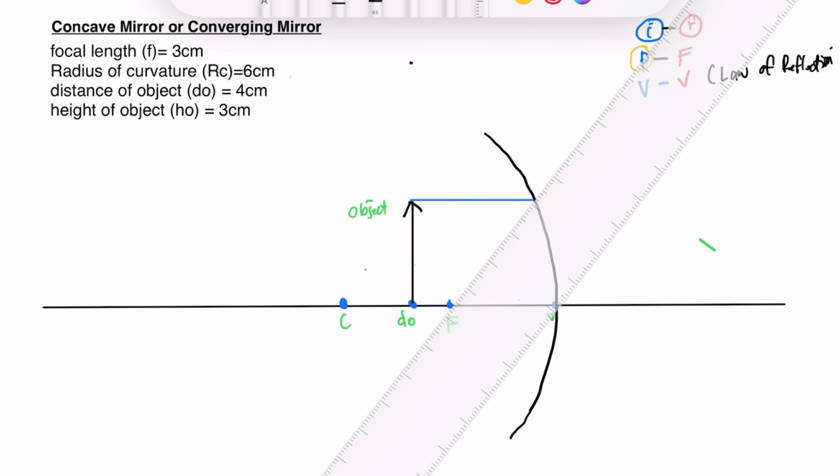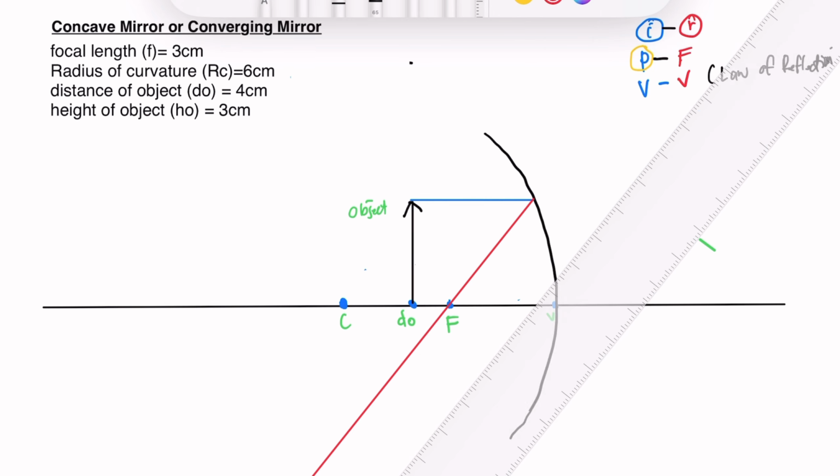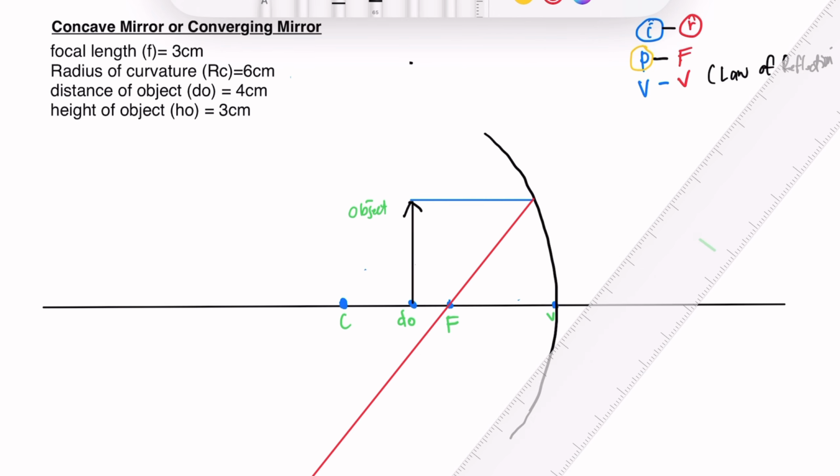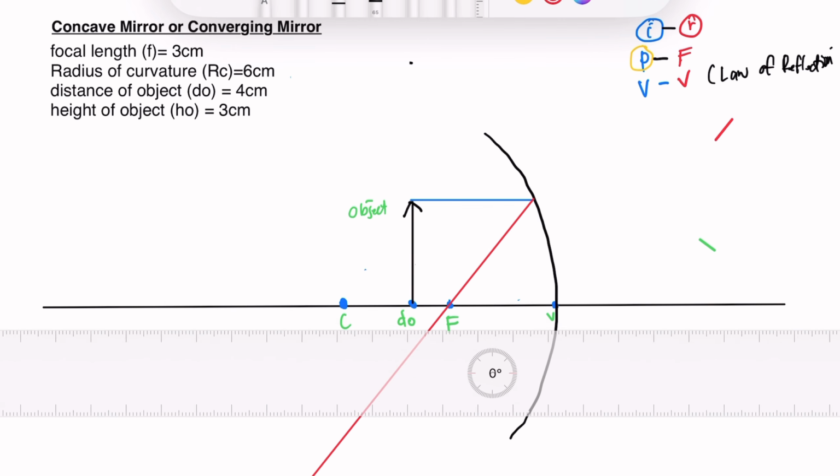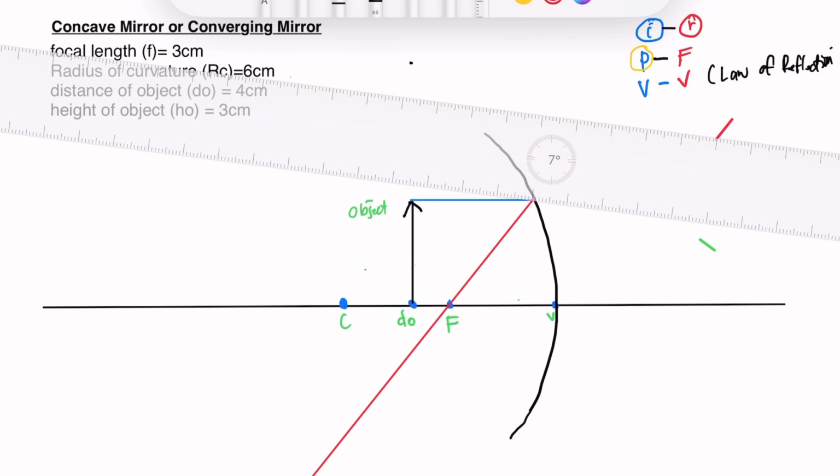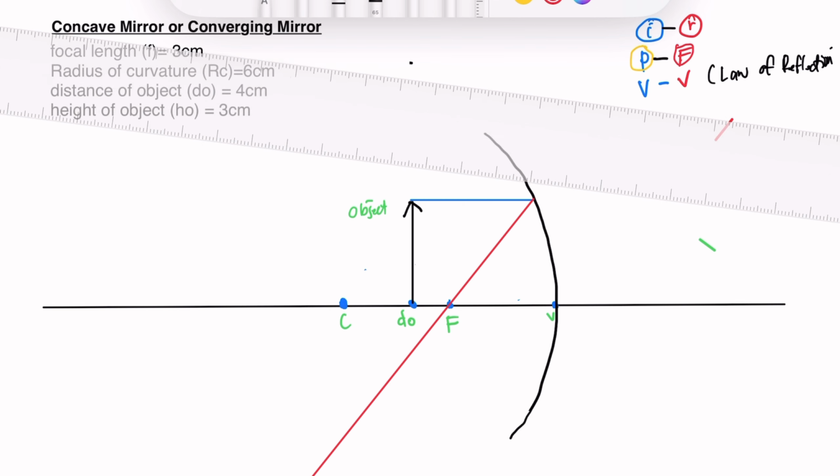So you have to angle your ruler, and you have to make sure that your reflected ray comes from the mirror and passes through the focal point, which is in front of the concave mirror. So that is your PF ray. Your PF ray looks like that.